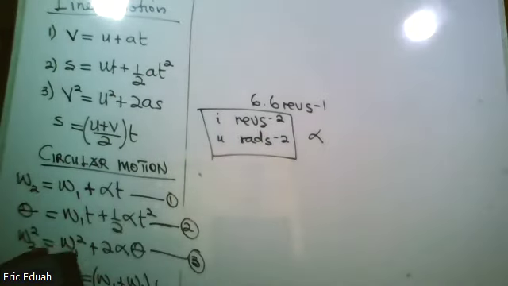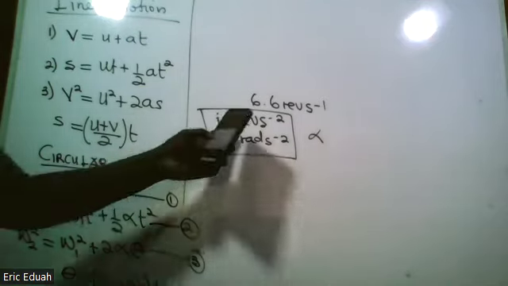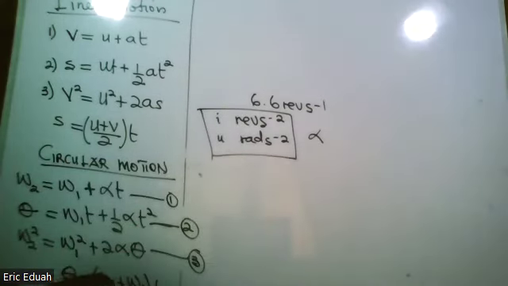What to do? So we are told that the rim of a compact disc starts from rest, and after 30 seconds attains an angular velocity of 6.6 rev per second. Calculate the angular acceleration during the time interval in rev per second squared and then in radian per second squared.